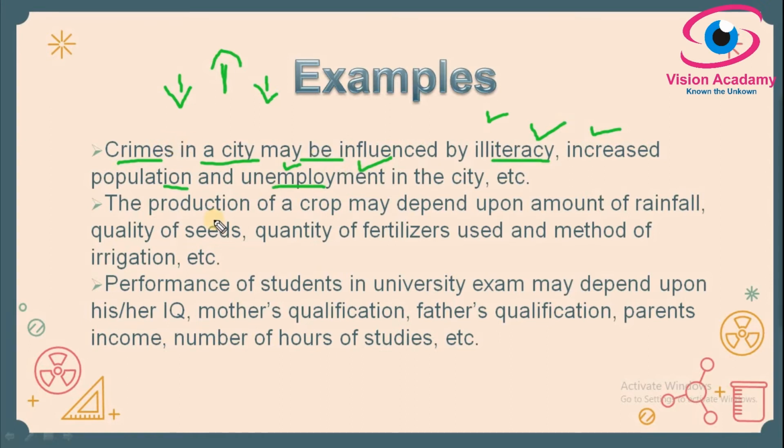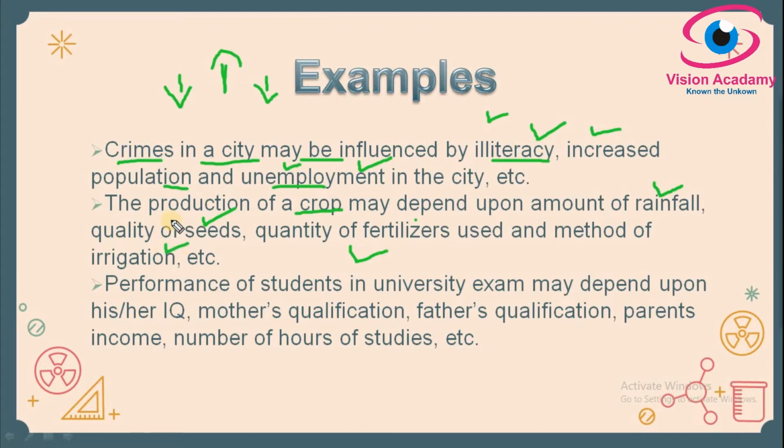Let's have one more example. The production of crop. Here the dependent variable, production of crop, may depend upon the amount of rainfall, quality of seed, quality of fertilizers used, method of irrigation, and so many things.